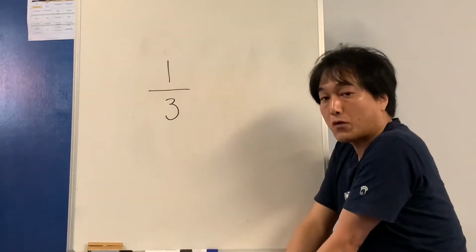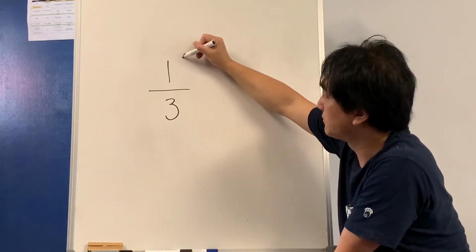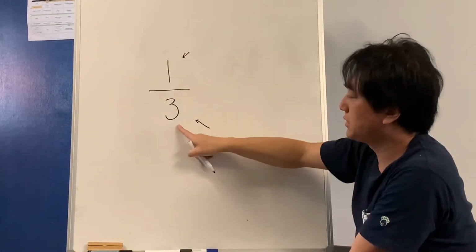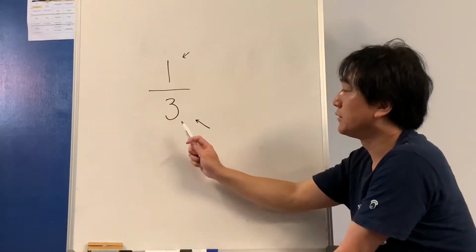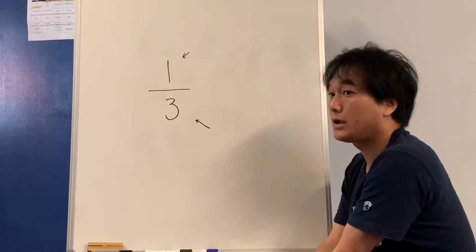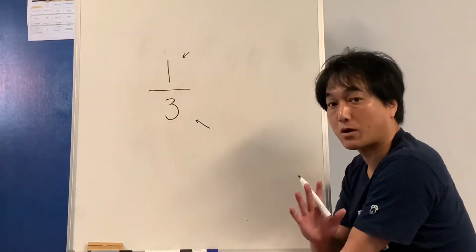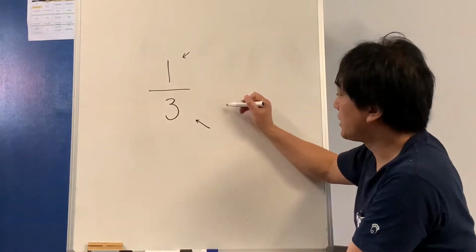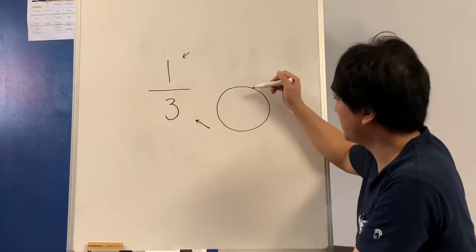So before we move on to the next part, let's do the terminology right. Let's talk about the orange poppy seed cake again. If I want to give my friend 1/3 of my orange poppy seed cake, I'm so kind, I'm going to cut my orange poppy seed cake into 3 equal pieces.